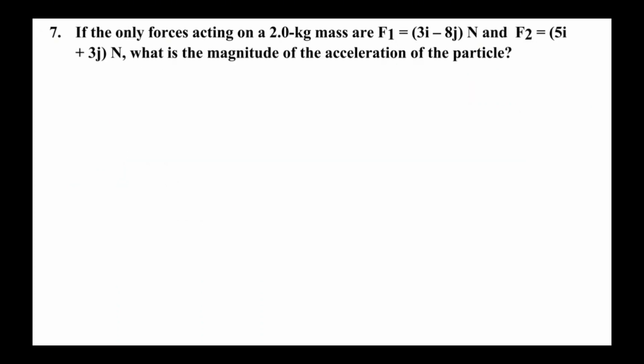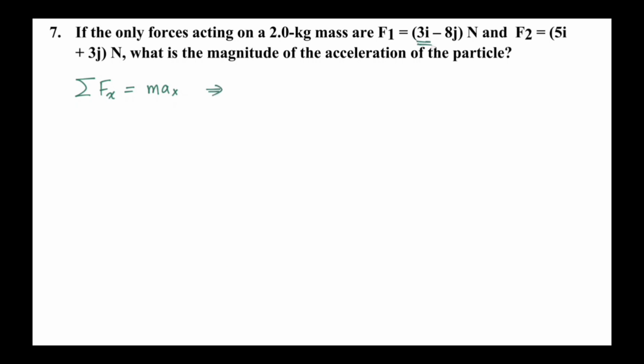If the only forces acting on a 2 kilogram mass are F1 equal to 3i minus 8j newtons and F2 equal to 5i plus 3j newtons, what is the magnitude of the acceleration of the particle? As we can see here, we have two components for F1 and two components for F2. Sum of all forces on x equal to m AX.